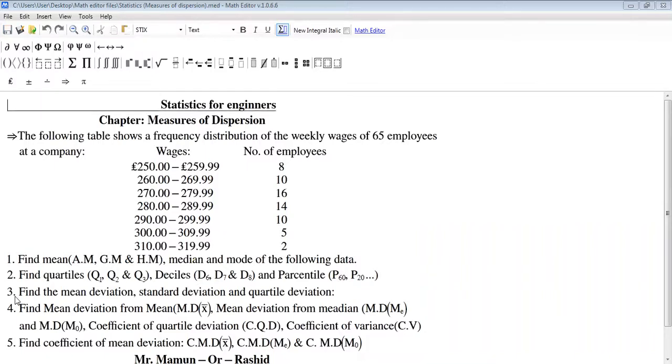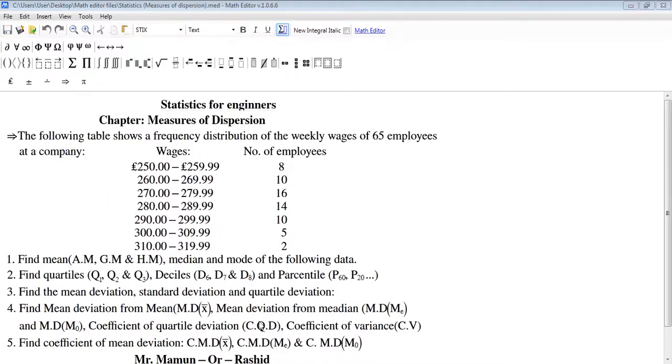And in number 3, we'll try to find the mean deviation, standard deviation, and quartile deviation also. We also find the mean deviation about mean, mean deviation about median, and mean deviation about mode, and the coefficient of quartile deviation.